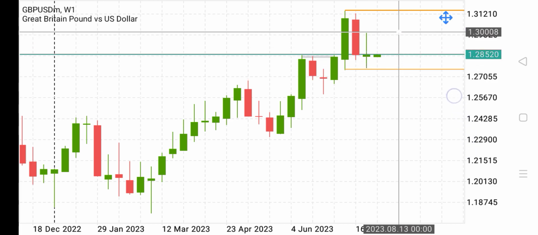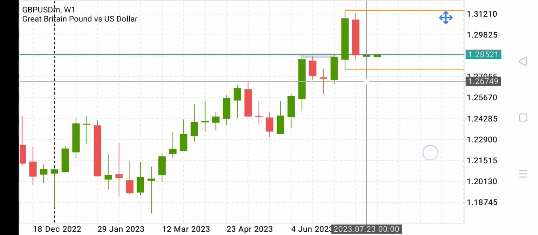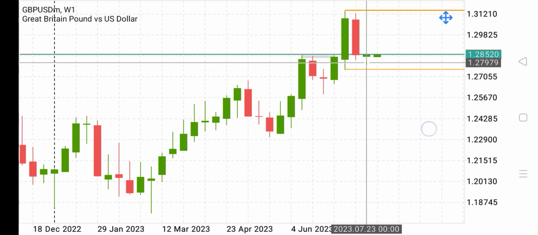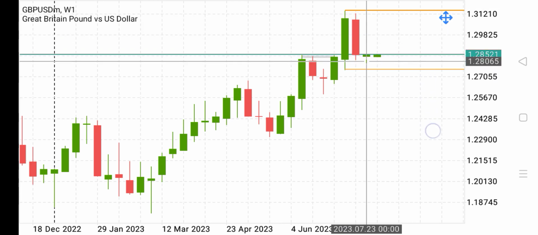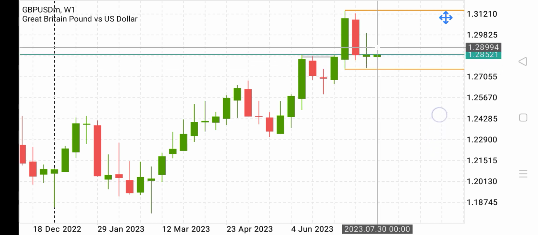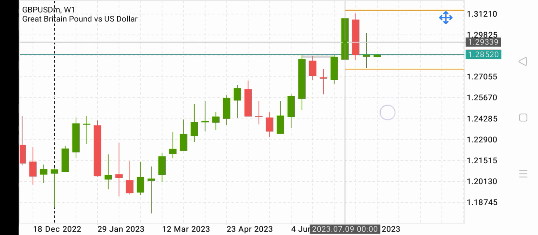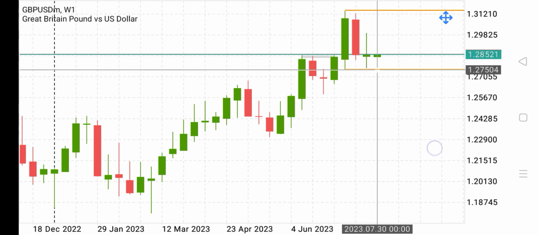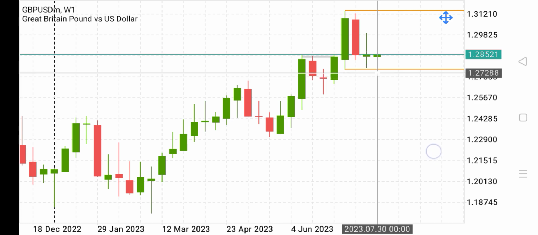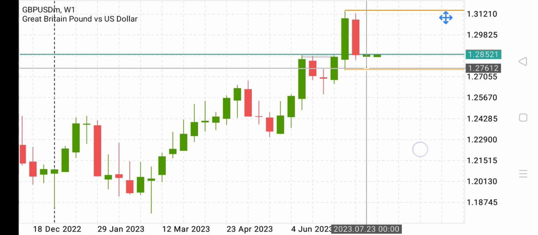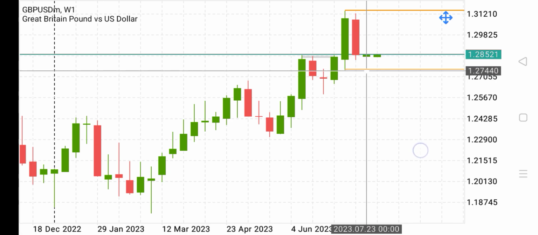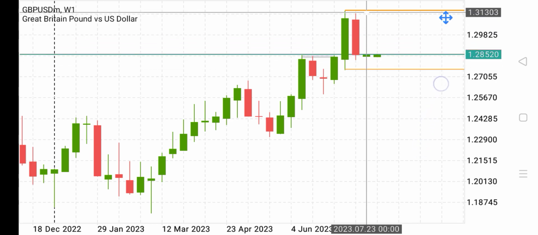What do you say is a bearish inside bar candle? We call it a bearish inside bar candle because the high of this candle started from this point to this point, and the low is in between the high and the low of the previous candle, which is the bullish candle. That is why you see this golden trend line at this point, trying to tell us that this is the lowest point this bullish candle went to, and also this is the highest point the bullish candle went to.